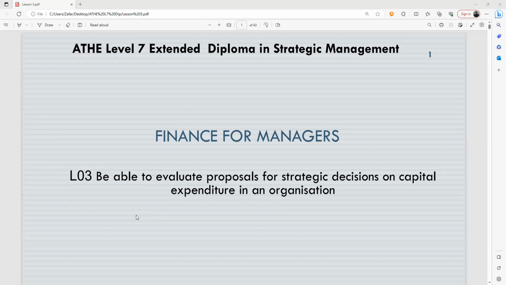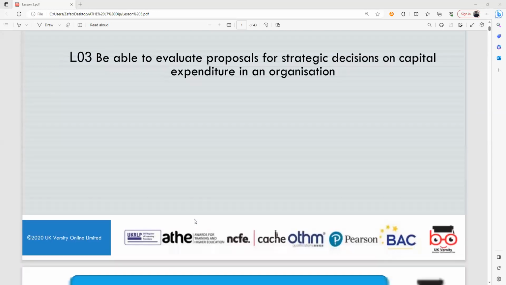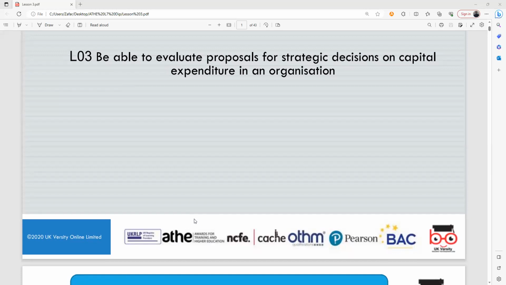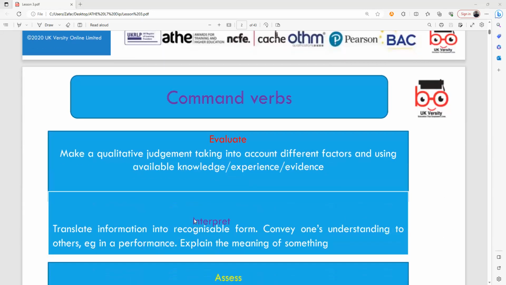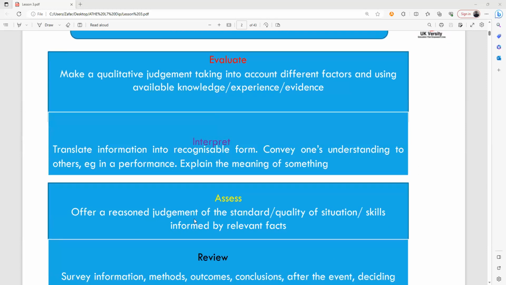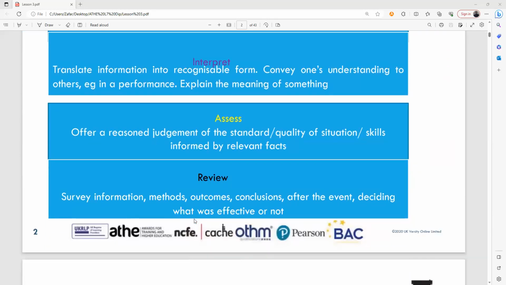Today's session is basically on investment decisions and capital expenditure. What we mean by investment decision and capital expenditure is a long-term investment decision by a company in their organization. This is very important for companies when they want to invest in particular projects.